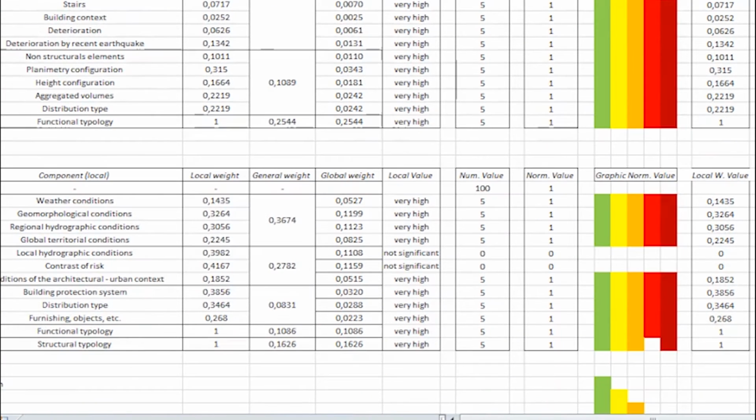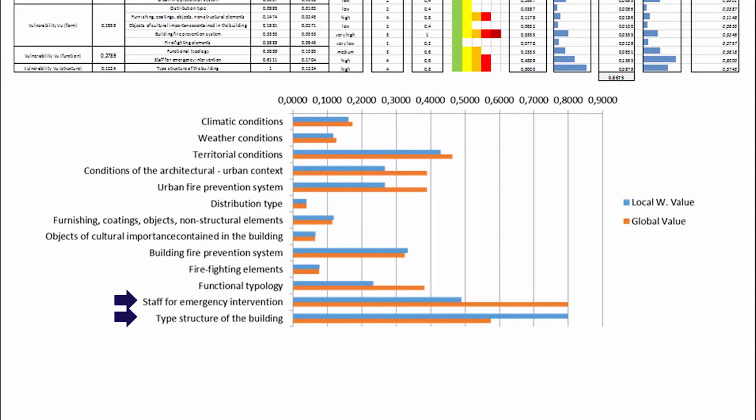If the user decides to exclude some indicators in the dynamic sheet, those indicators will also be excluded for the maximum risk scenario.